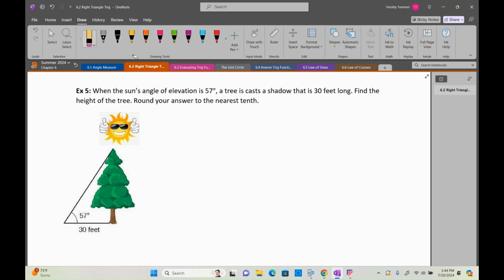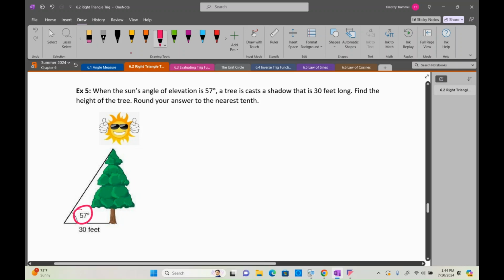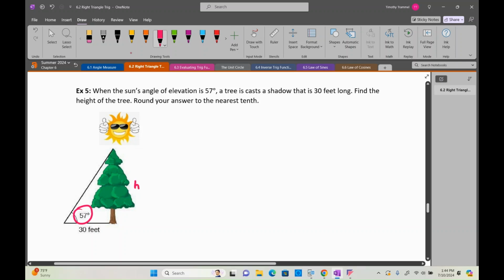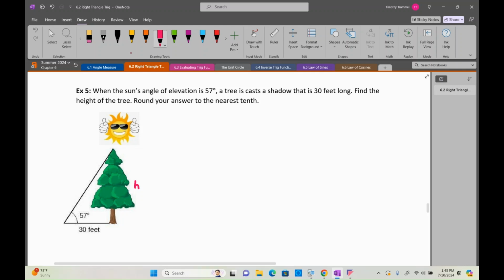So if we want to do that, we again need to look at our angle. We may also note that we have this missing side over here. I'm going to label it, let's just label it maybe with an H, a lowercase h for height. Okay. So that H over here is our opposite side. This is our adjacent side. So that means we're working with what trig function?